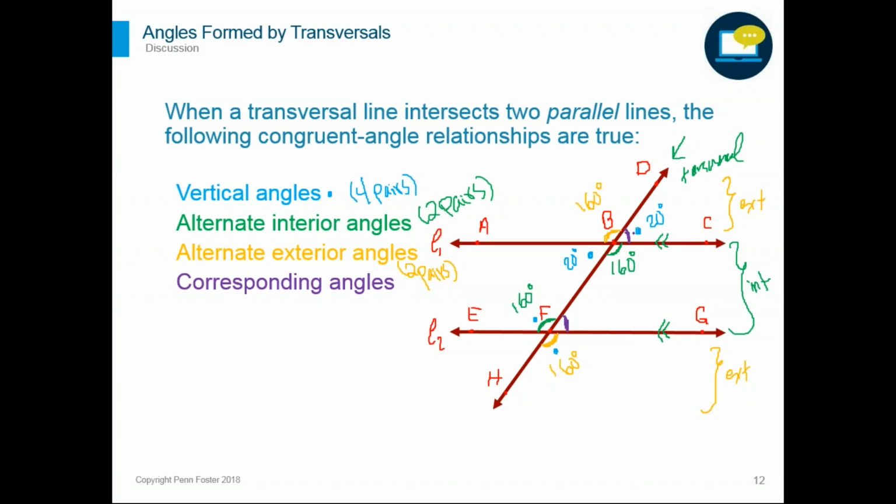Both are to the top of one line and to the left of the transversal. Here, the same thing. They have corresponding positions on the system, which is why we call them corresponding angles. They have the same measure, they are congruent. Since this one is 20 degrees, this one also would be 20 degrees.